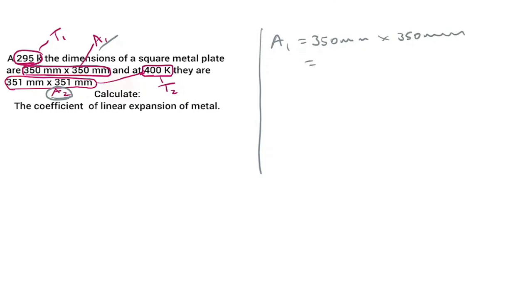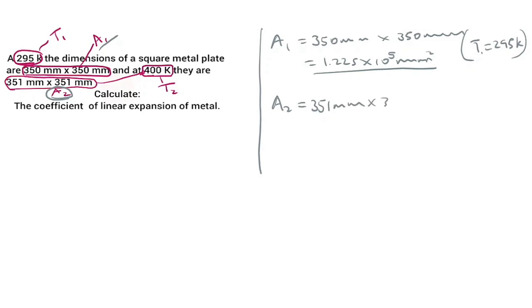Then this is going to give you 1.225 times 10 to exponent 5 millimeter squared, which goes with the temperature T1, which is 295 K. Then let us come to area 2, which is 351 millimeters by 351 millimeters.